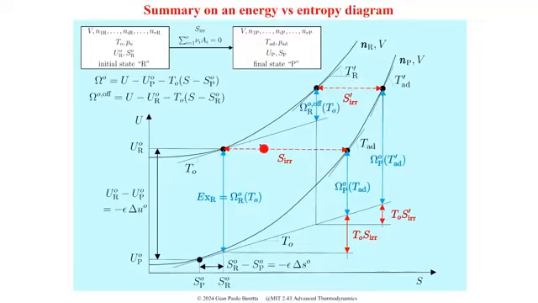So the energy remains constant, and in the final state, we end up here. With this state, with the temperature, which is represented by this slope, which is higher.